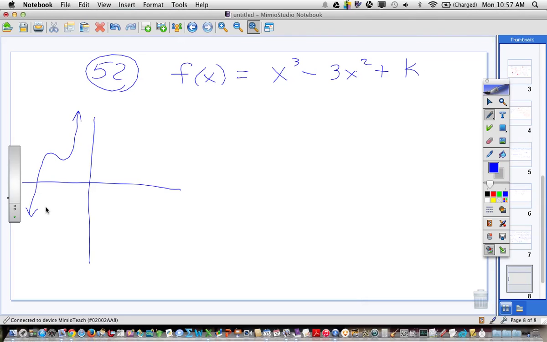Now, how could it have 2? If we shifted this down until that point just touched, so something like that, then we'd have 2.